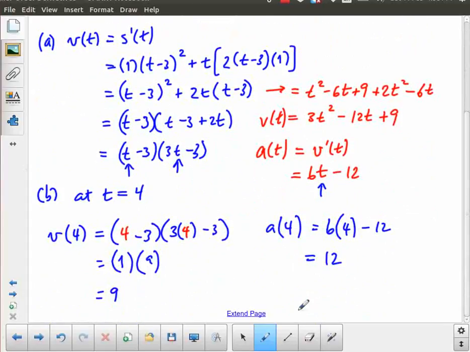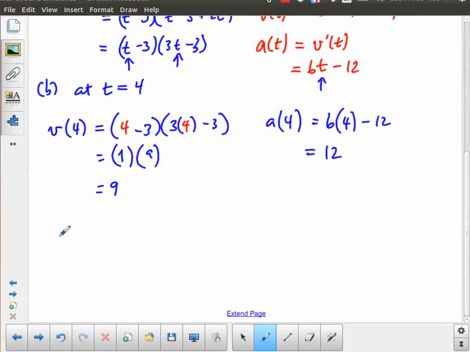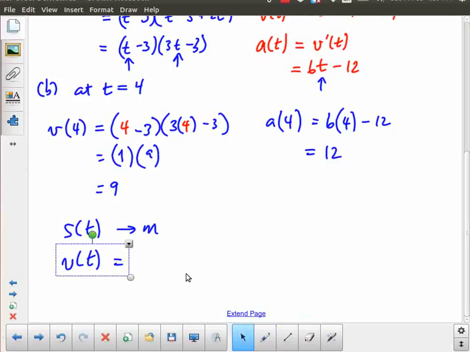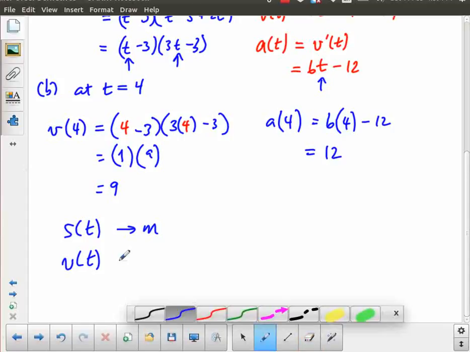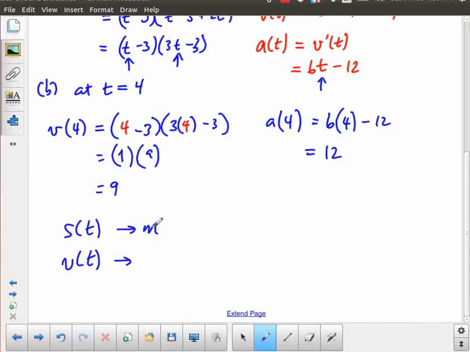So to understand that, you need to understand that S of t is in meters. And so V of t, because we took the derivative with respect to time, so we took the change in position, which was in meters, but we did that over the change in time, so that's meters per second.